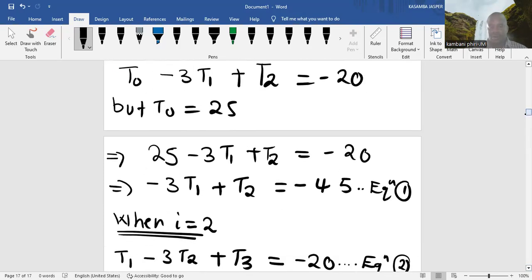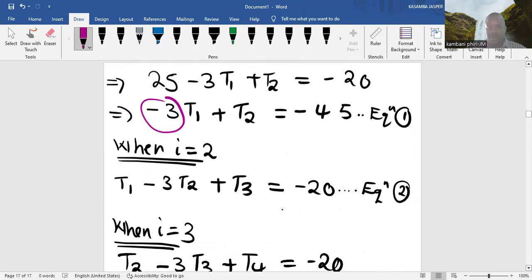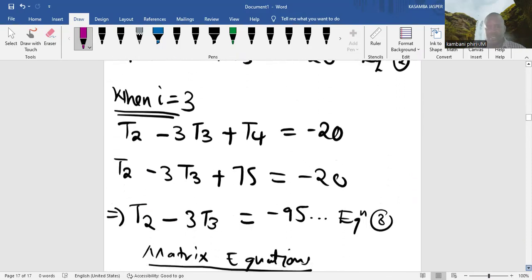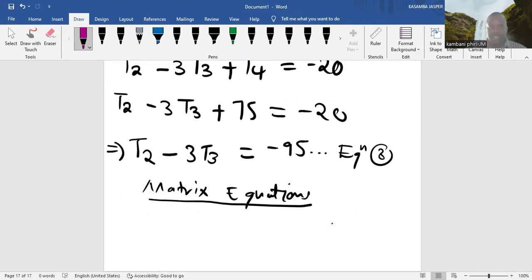we'll have, when you pick the coefficients, negative 3, 1, and T3 is 0. From the second equation, we have 1, negative 3, 1. From the third equation, T1 is 0, so it's 0, 1, and negative 3.